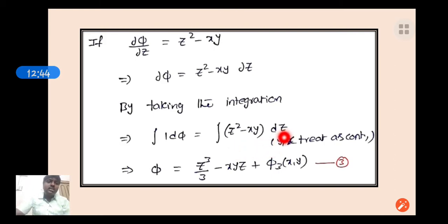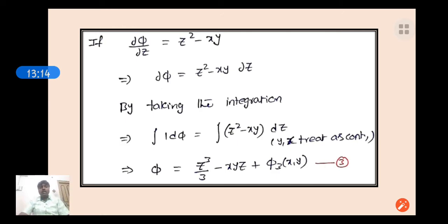Here z is the independent variable and both x and y are treated as constants. By taking the integration in LHS, integral 1 d phi, it is phi is equal to the integration of z square, that is z cube by 3 minus integration of xy is xyz plus a constant in terms of xy, so it can be written as phi 3 of xy. It can be taken as equation number 3.